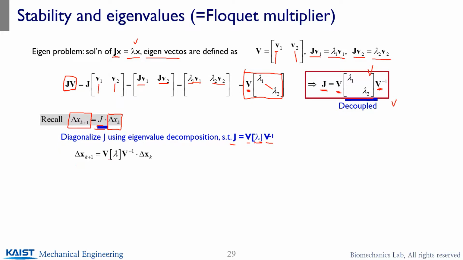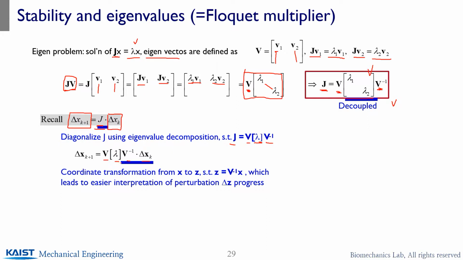If you plug that in, you have delta x of k plus 1 equals V Lambda V inverse delta x of k. Suppose this is a coordinate transform: you have an input x, and you multiply by a matrix that defines a new set of state vectors z. It's a coordinate transformation.